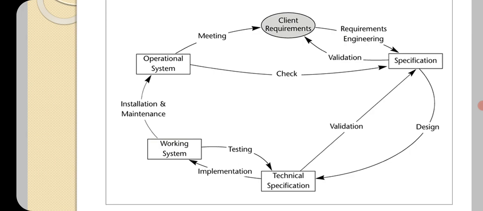Installation. After completion of the working system, implementation, installation and maintenance are started at the client space. After that come the operational system and meetings, and again this cycle repeats.